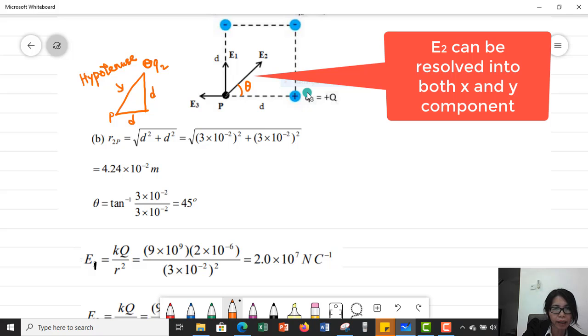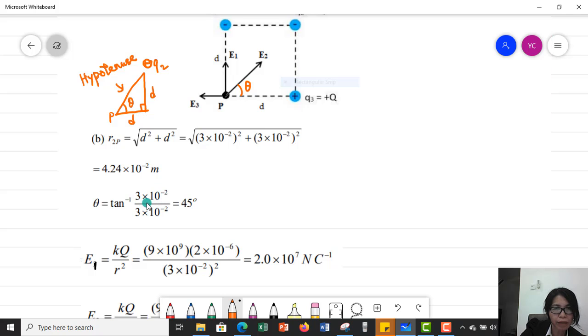This angle theta can be calculated using the right triangle also. We use shift tangent: D over D, 3 × 10^-2 divided by 3 × 10^-2. So I get the angle to be 45 degrees.